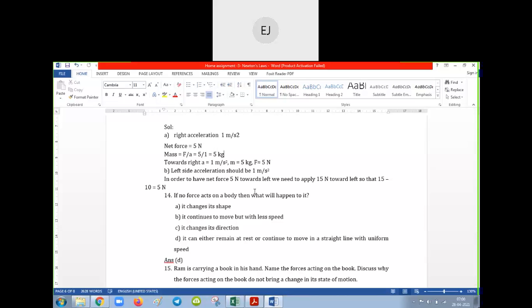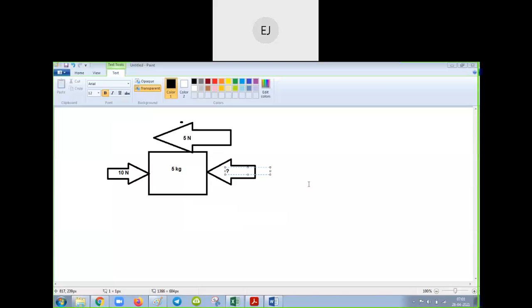So in the previous case, we understood that if 5 Newton net force is there on the 5 kg mass, then the acceleration will be 1 meter per second square.